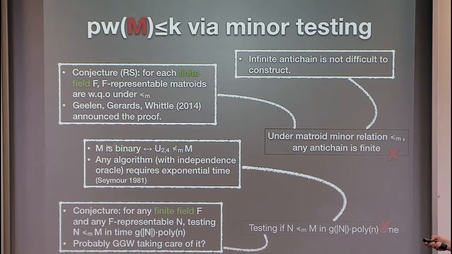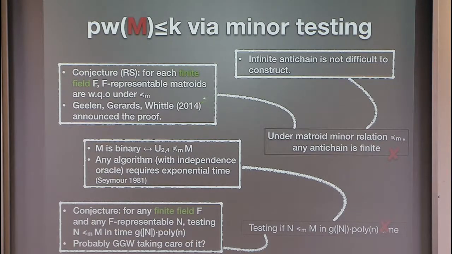So the binary matroid is characterized by just one forbidden minor. But it is known that any algorithm for testing whether a matroid is binary takes exponential time, given an independence oracle. So it is possible that testing just one minor containment can take exponential time in general.